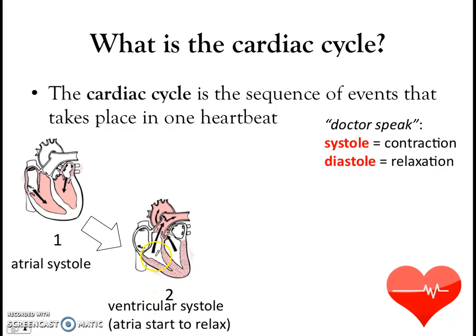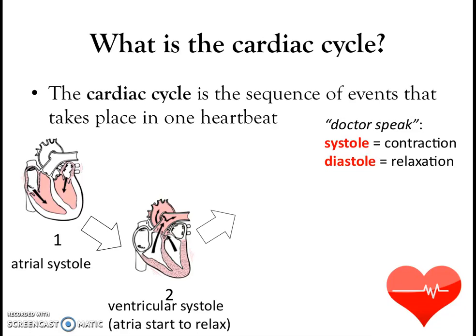The right ventricle contracts and blood is pumped out through the pulmonary artery. The left ventricle contracts and blood is pumped out through the aorta. At this point the atria already start to relax and blood starts to flow back into them.